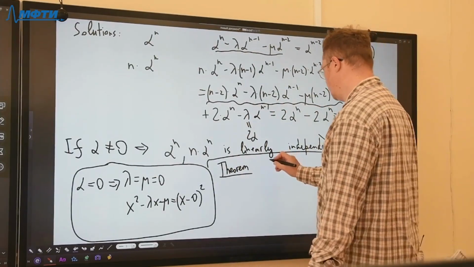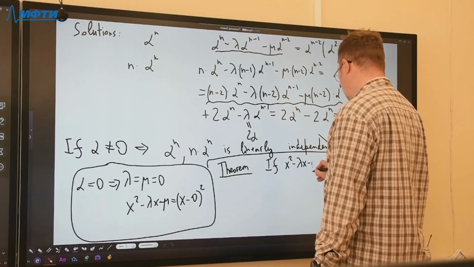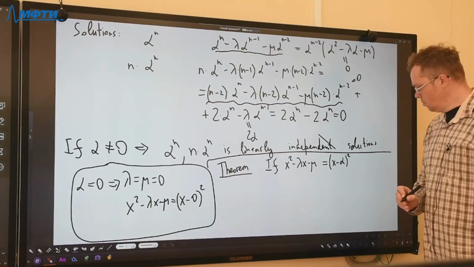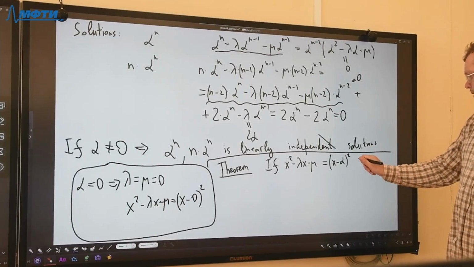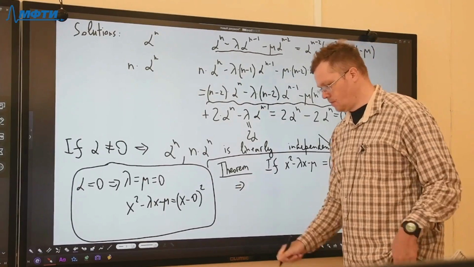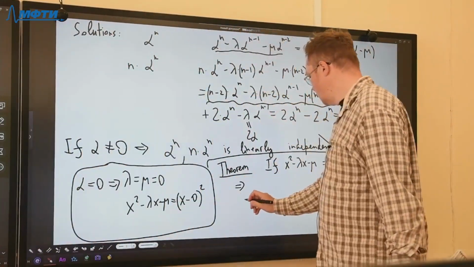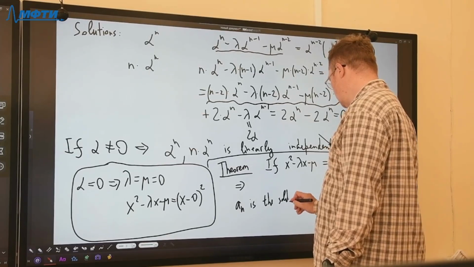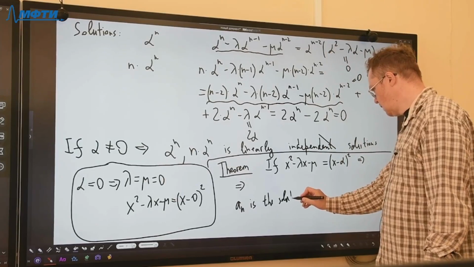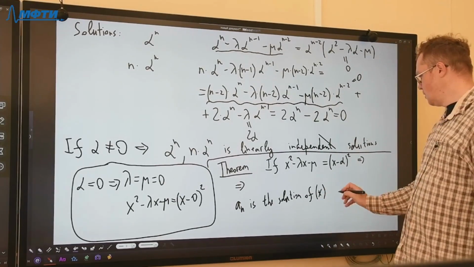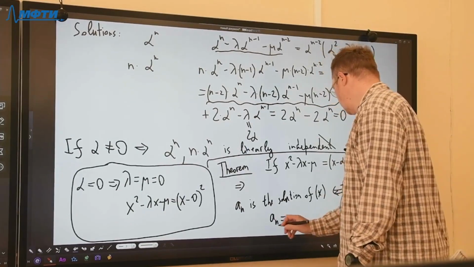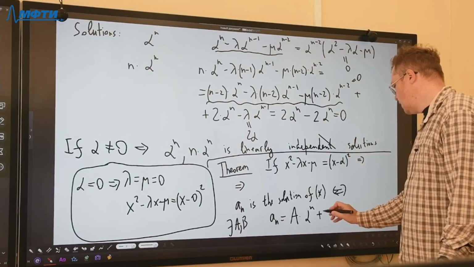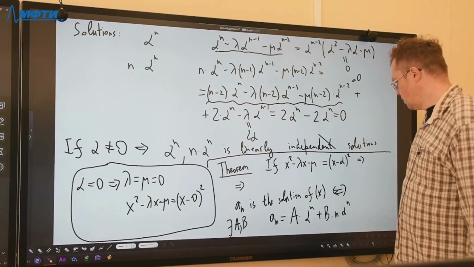So if my characteristic polynomial has one root of order 2, then an is the solution of my recurrence relation if and only if there exist some constants a and b such that an is equal to a times alpha to the nth power plus b times n times alpha to the nth power.